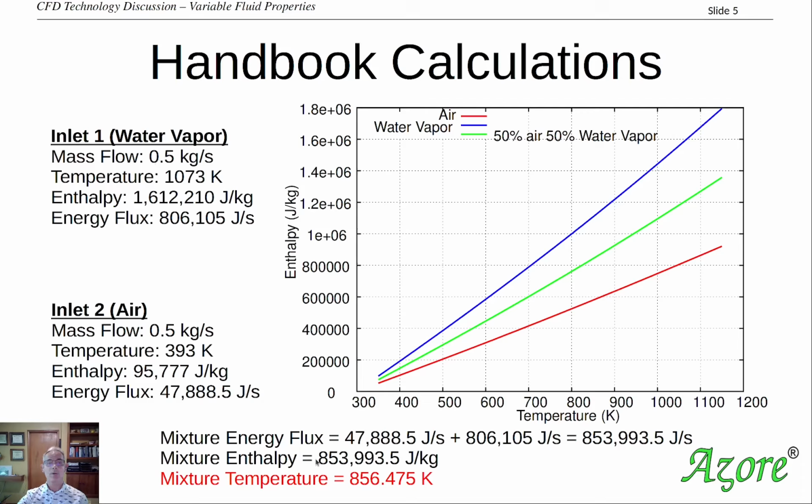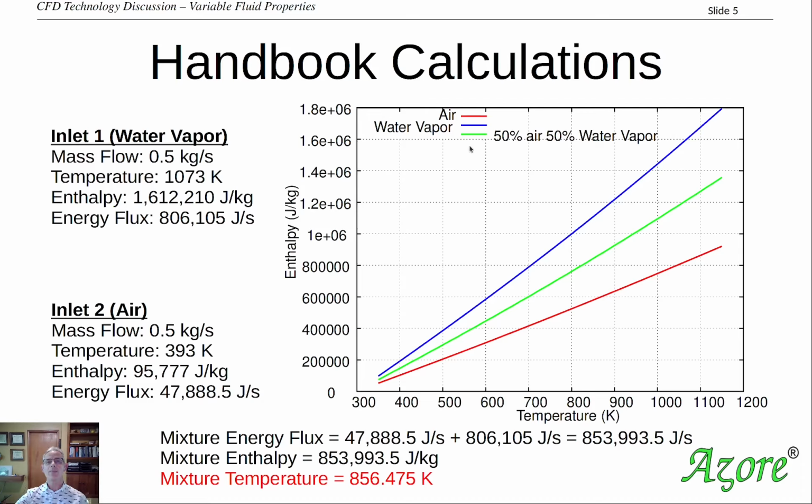Once we know the enthalpy level, we can go to a graph here and look up the enthalpy and the temperature. Just to look at this first, the red line represents the enthalpy curve for air, and you can see that as the temperature rises, the enthalpy rises. The blue line is the enthalpy level for our water vapor, or steam.